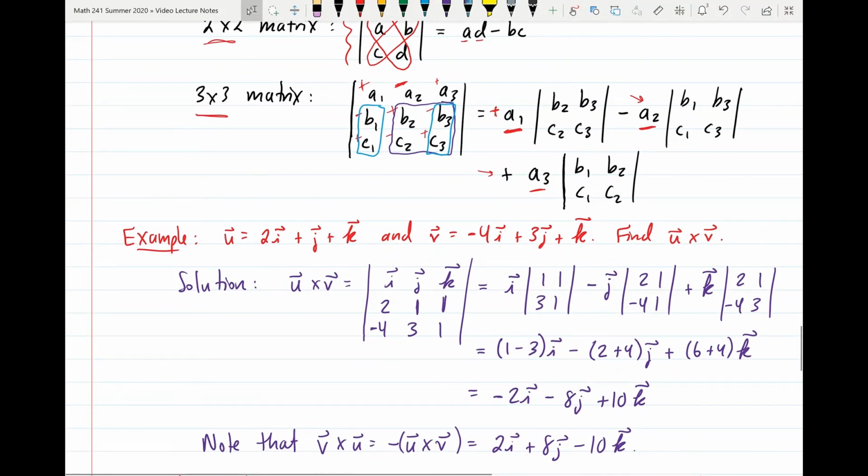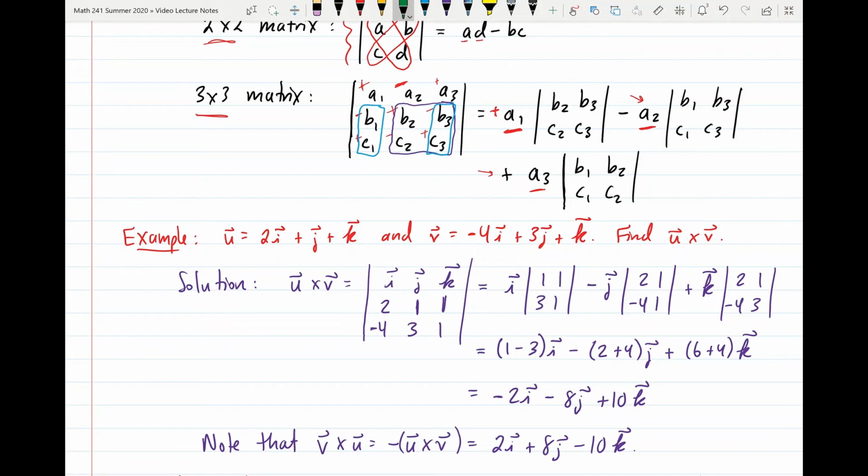And finally, we're going to have A3 multiplied by the 2 by 2 matrix B1, B2, C1, C2. And again, to get that 2 by 2 matrix, we locate A3 in our matrix, and A3 is in row 1, so we get rid of the terms in row 1.